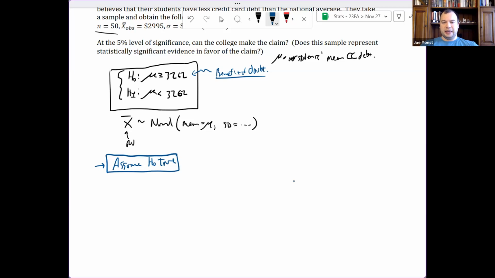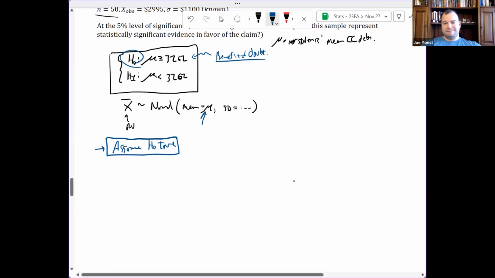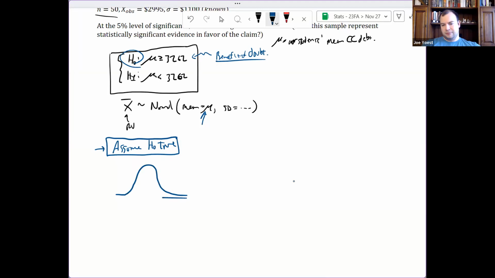Well, now X bar is normal, and we know something about the mean. We know that the mean is something like it would be under H naught. So the random variable X bar is centered at some mean we'll call mu naught, some kind of null hypothesized mean.